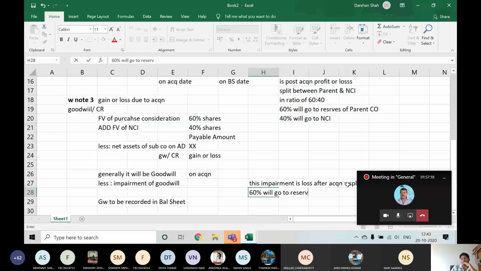Is this clear to everyone? सर आपने स्क्रीन में लिखा है या फिर कुछ किया है क्या? एक्सेल दिख रहा है क्या सब लोगों को अभी? वर्किंग नोट 4 एनसीआई एंड वर्किंग नोट 5 एक्सेल लिख रहा है, मगर दिस इम्पेयरमेंट वर्किंग नोट 3 पे अटका हुआ है. वर्किंग नोट 4 एंड 5 विजिबल नहीं है क्या?